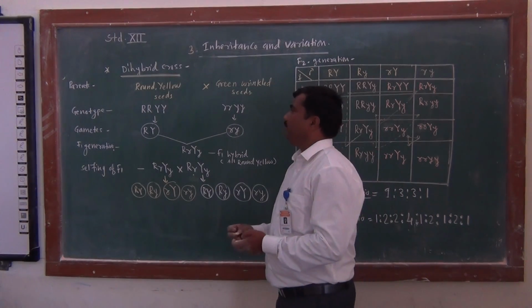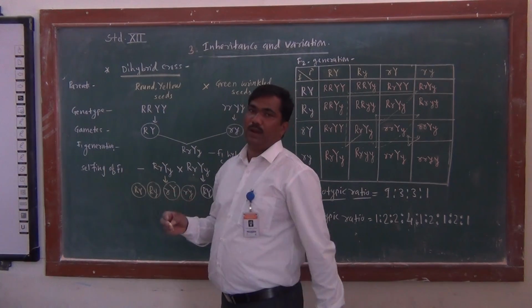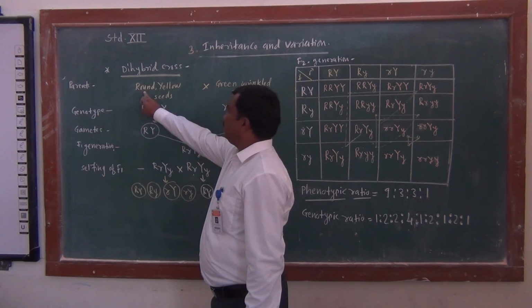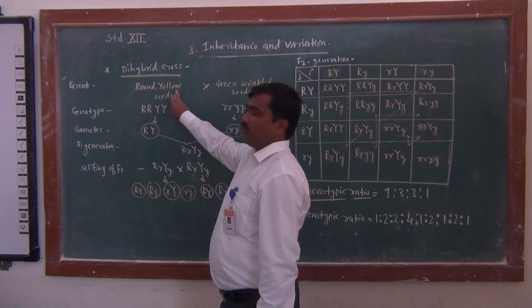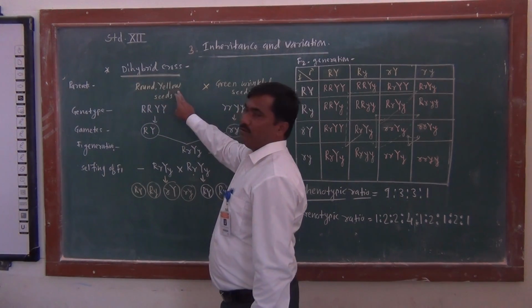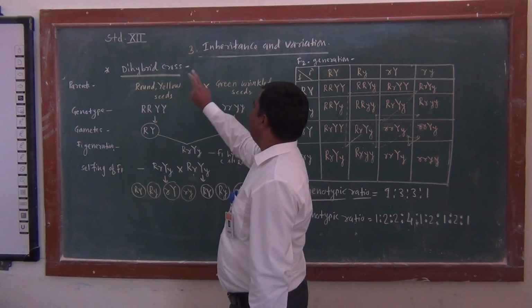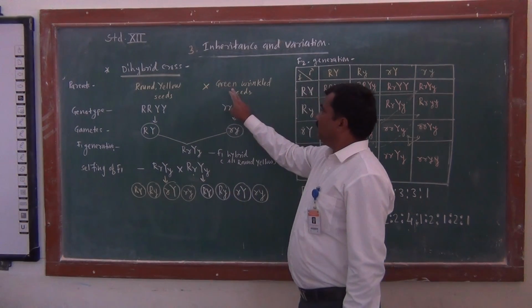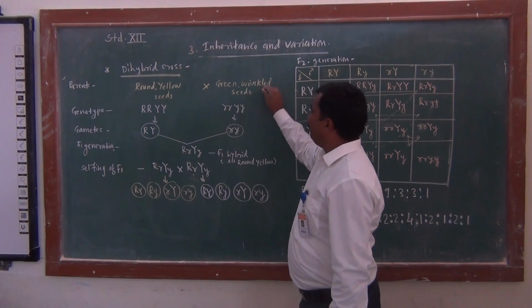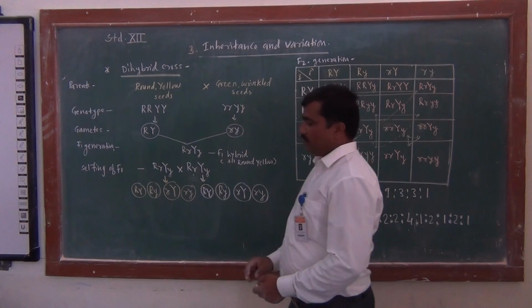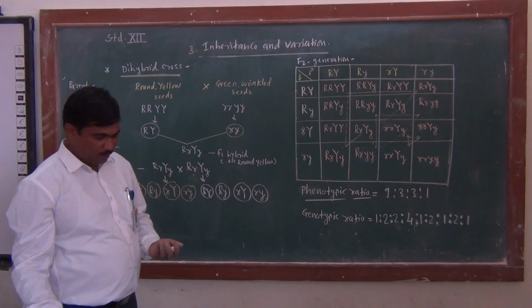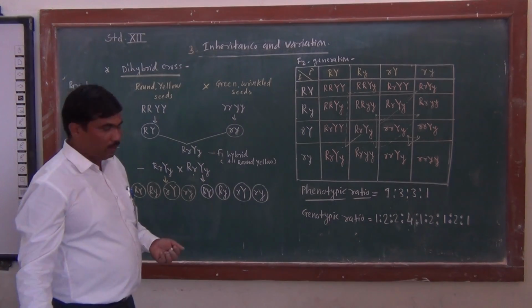For example, Mendel crossed a pea plant having characters like rounded seeds and a yellow color. So these are the two characters: seeds that are round and yellow in color. This plant was crossed with a pea plant having green, wrinkled seeds.